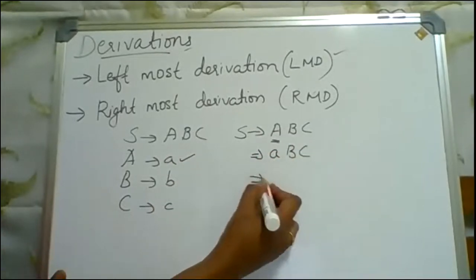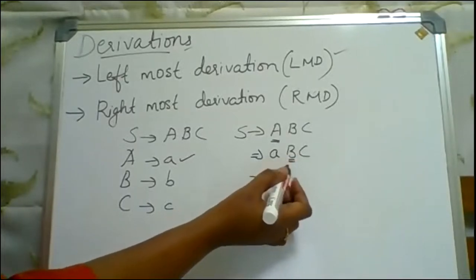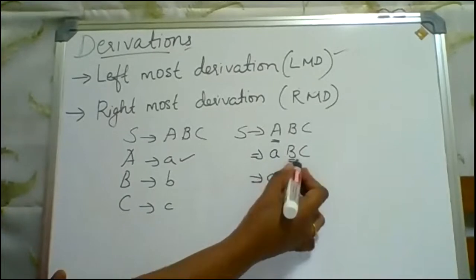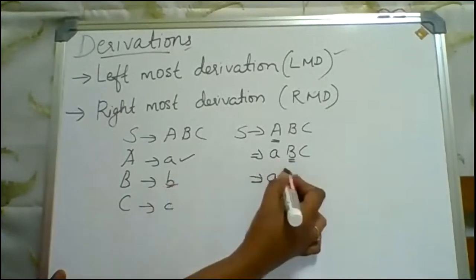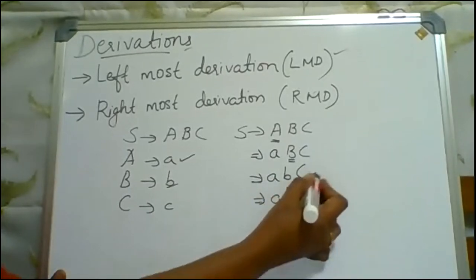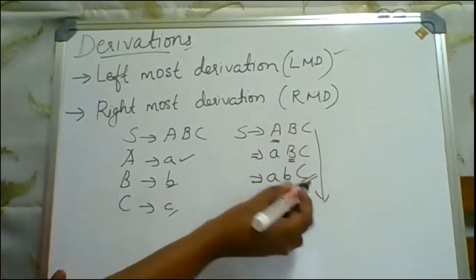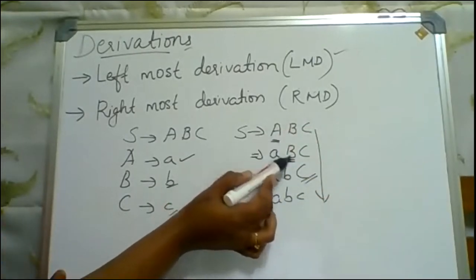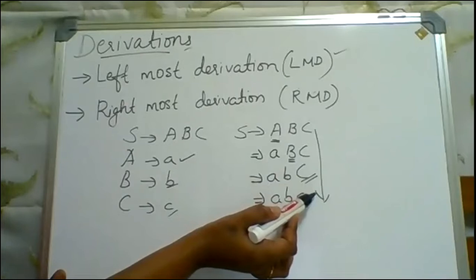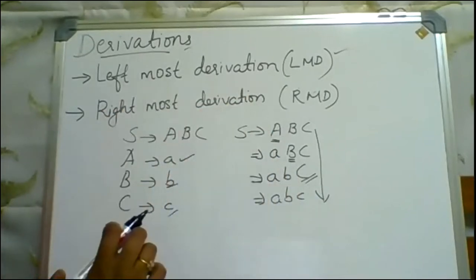In the next step, we replace the next leftmost variable, which is B, with B's production, that is bC. And at the end, we replace C with C's production. In this derivation, we were replacing the leftmost variable. Such a derivation is called a leftmost derivation.